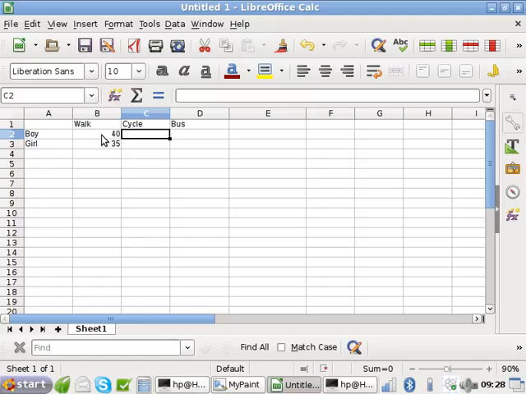Maybe 45 boys cycle to school, and then maybe 20 girls cycle to school. And then for the bus, maybe 10 boys take the bus, 30 girls take the bus. So we have 3 different ways the boys and the girls can get to school.